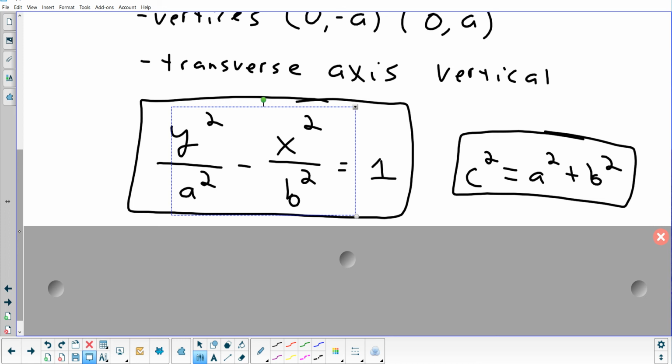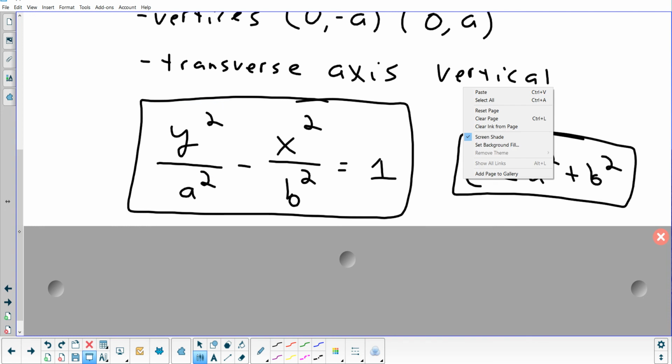So then how do we tell which way the major axis goes? Yesterday we could tell by where you put A and B, if A was under the bigger number. Today, what you're going to look at is which variable is the positive one. Here, the Y is positive, and the X is negative. Whichever variable is positive is the direction that the transverse axis goes.